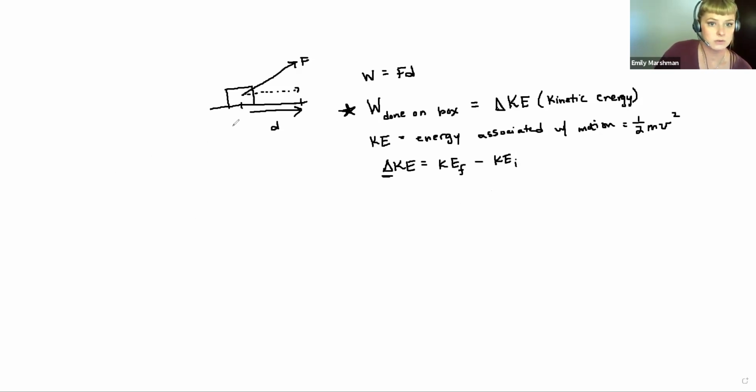So let's suppose I apply, let's make this simple, a force parallel with the direction of motion. Let's suppose I apply a force of 50 newtons on this box and it moves a distance of 4 meters. This occurs over a time of 4 seconds.